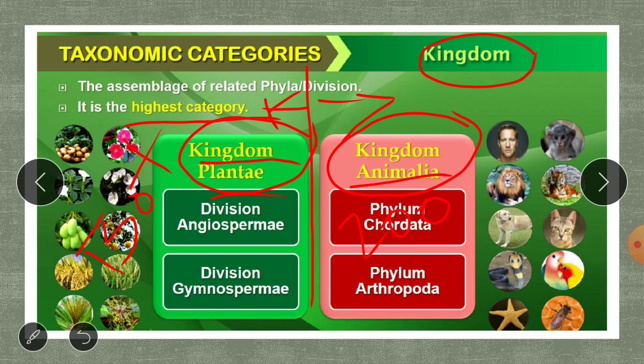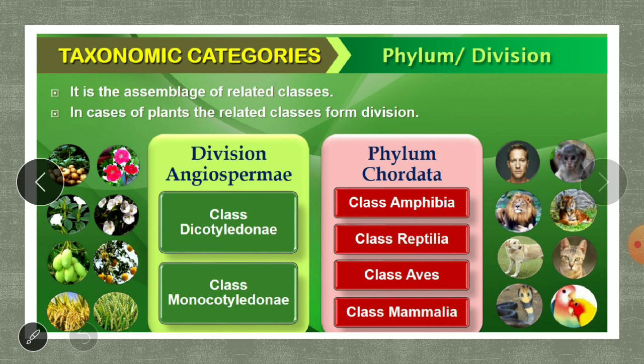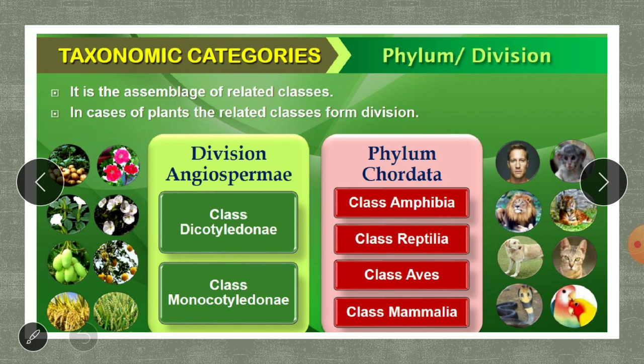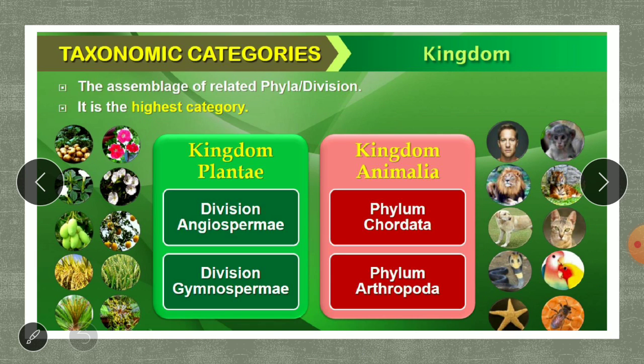So in this manner, kingdom is the highest category, which is going to be the assemblage of related phyla or divisions. The related phyla or divisions are going to be called the kingdom. Herein we have the Angiospermae and Gymnospermae. Angiospermae are the flowering plants.